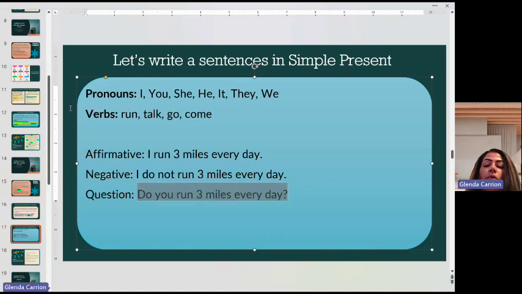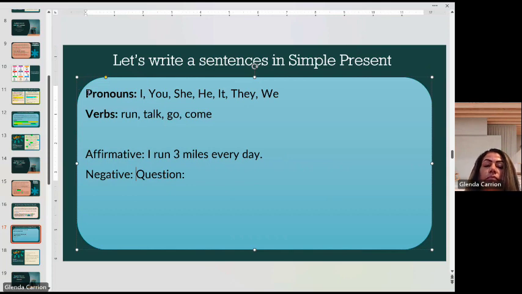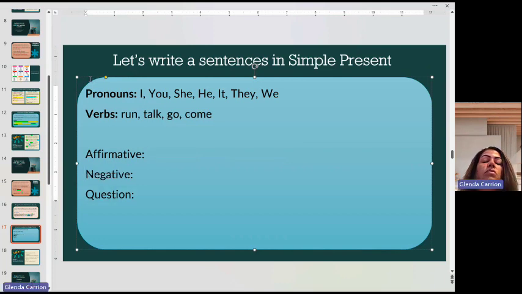I'm going to make an example now with third person singular. Let's select he. He talks on the phone with Mary in the evenings.